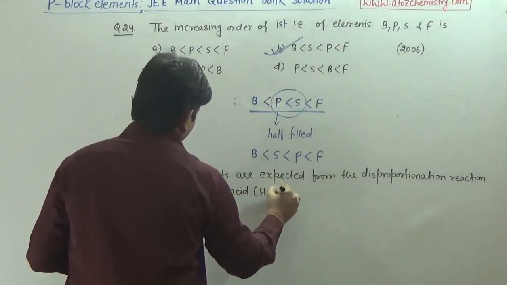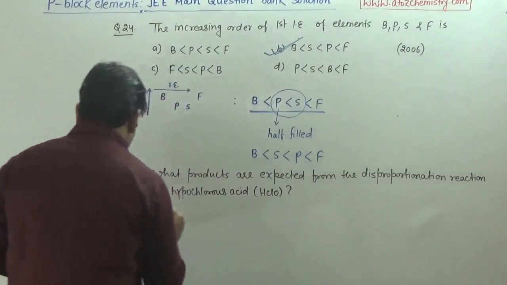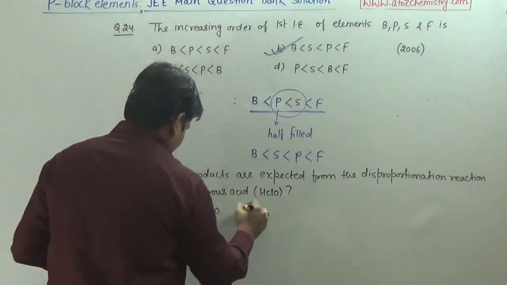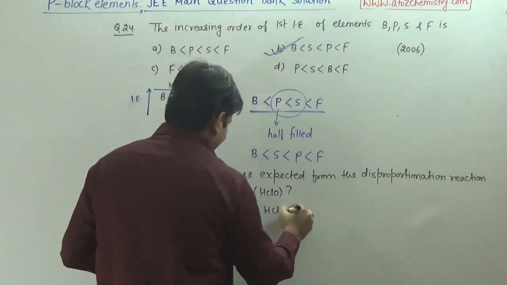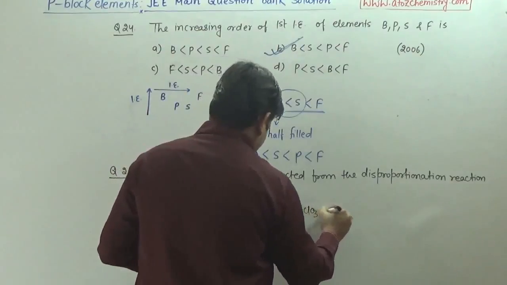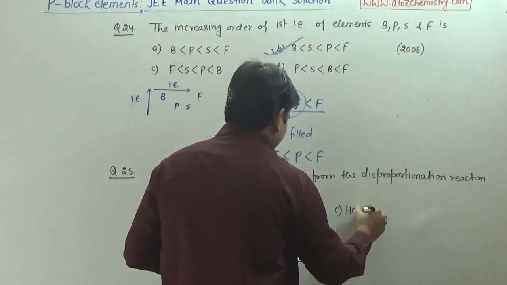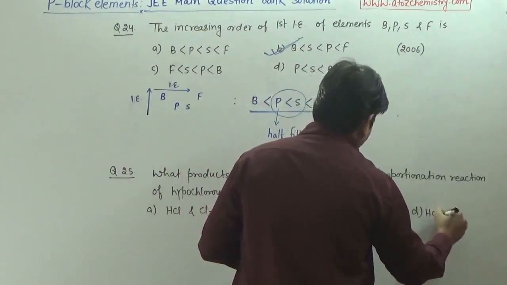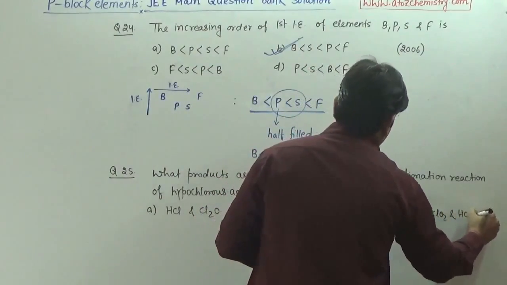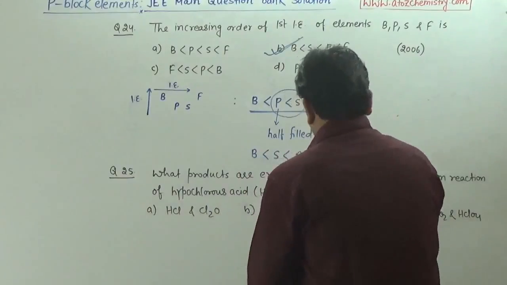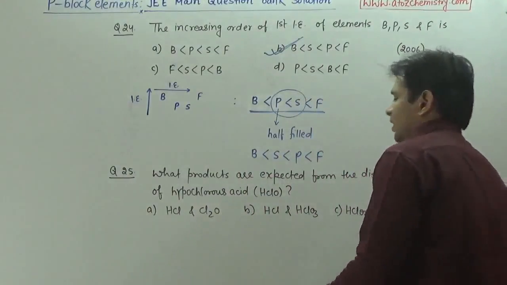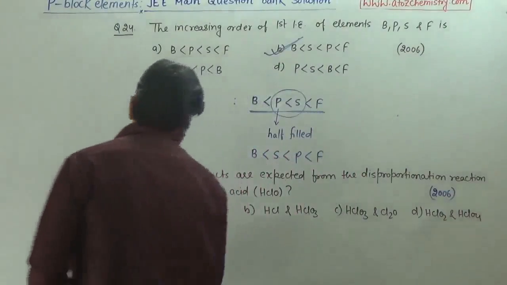Hypochlorous acid is HClO. A option is HCl and Cl2O. B option is HCl and HClO3. C option is HClO3 and Cl2O, and D option is HClO2 and HClO4. These are the four options given, and this was the question asked by JEE Main in 2006.